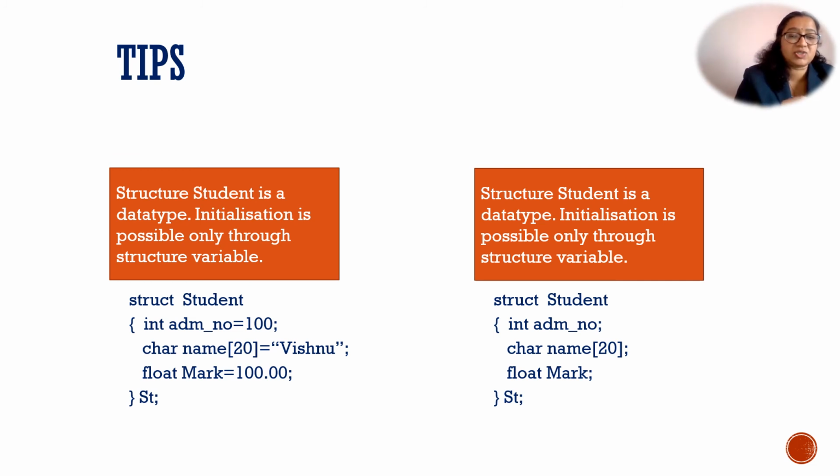That is the structure definition. So we can initialize the values only through the variables, that is st. In the later slide we studied how to initialize it. So this is wrong, and the correct method is first define the structure and at the st declaration time we can initialize it. Okay, understood?